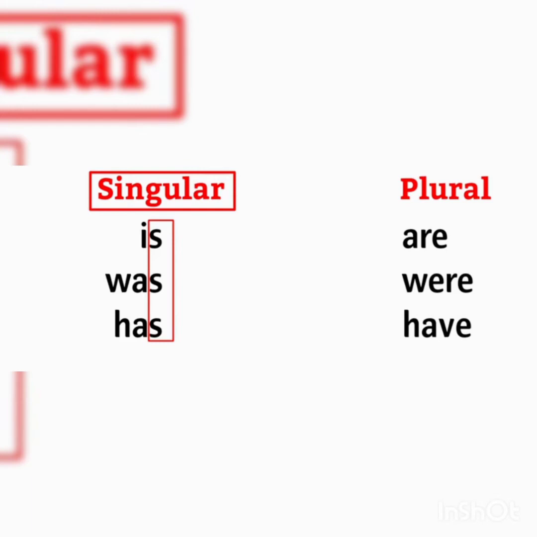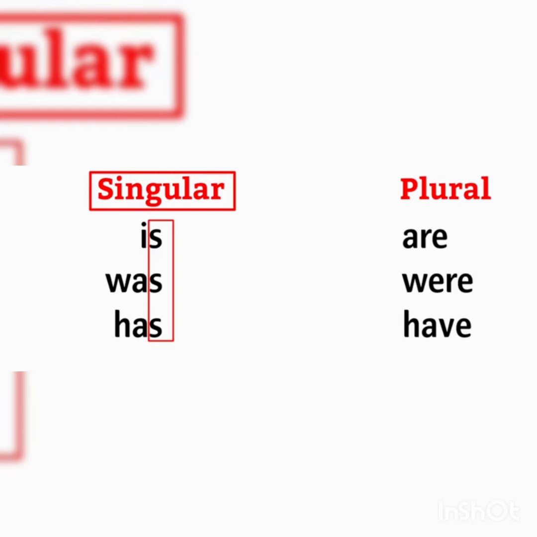So you can remember this by a trick. I'm talking about singular verbs. Singular verbs always take s at their end. If you can see here, is, the last letter is s. Was, the last letter is s.